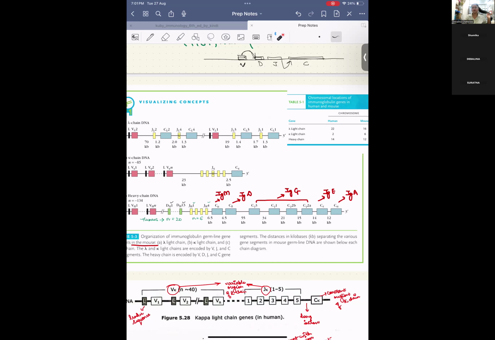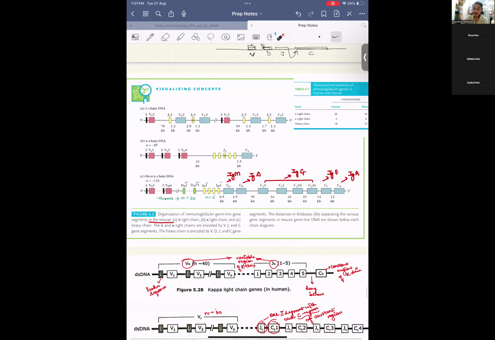Now let me clear up here: when we have been talking about class switching, initially we see that it's the IgM and IgD that are produced. In class switching, your VDJ chains remain the same. It's only the constant region that again gets a chance to recombine, and here we can have it coming together with either of these constant regions, right?